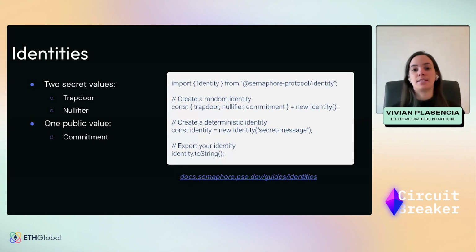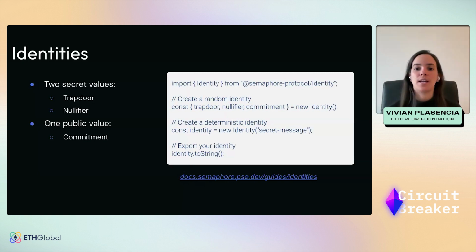The identities can be created using a JavaScript library. You can create two types of identity. One is a random identity, for which you will not pass any parameters in the identity class. And you can also create identities using a secret message.